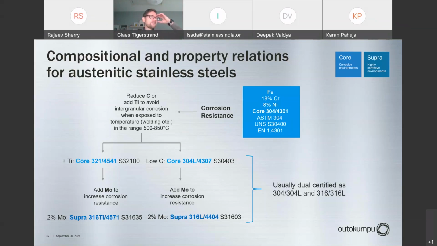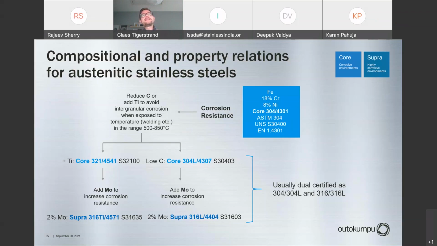By the modern way of producing stainless steel in the AOD converter, you can easily reduce the carbon content. So usually those grades like 304, 304L or 316, 316L are dual certified. So they can be used both as a 304L or a standard 304 material.